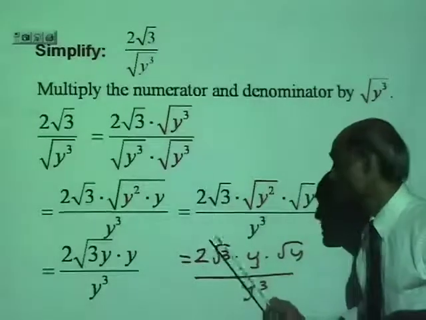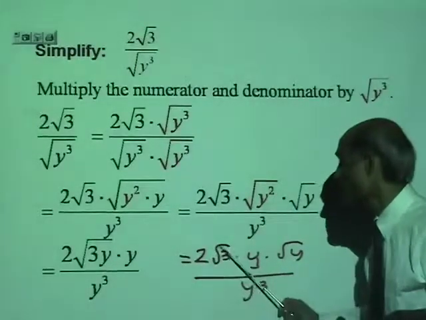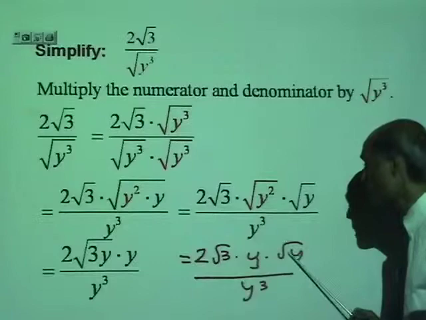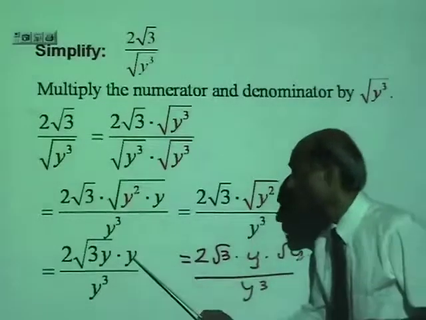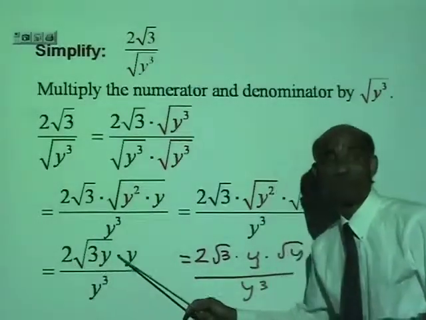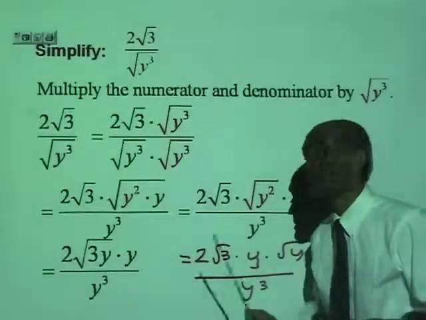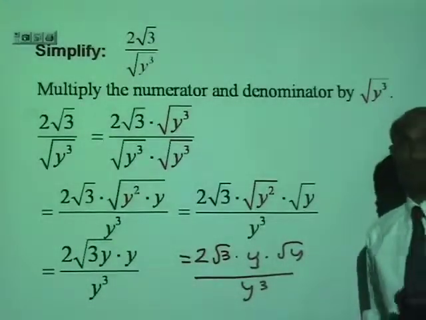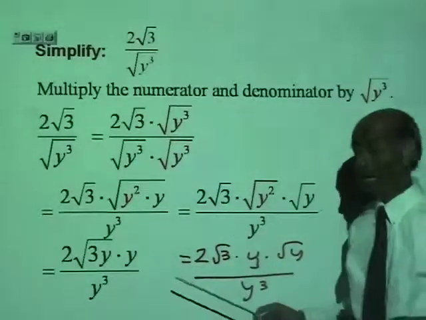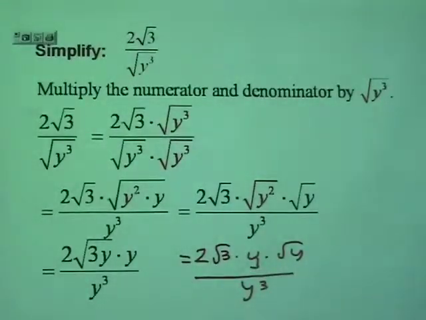So look at the numerator now. That is 2 times square root 3y times this y. That is how the numerator became 2 square root 3y times y over y cubed. I hope that is clear. And now let me clear that out. Can you simplify this now?